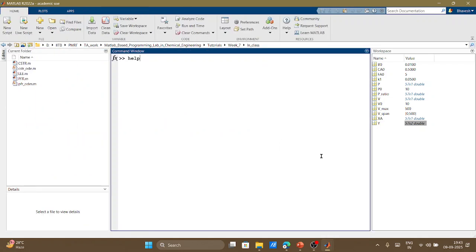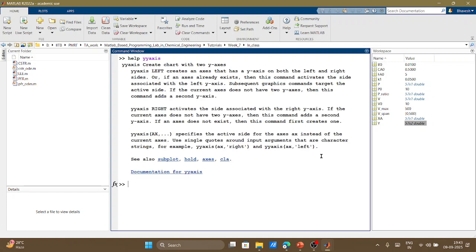If I do help yyaxis, it creates charts with two y-axes. yyaxis left creates an axis that has a y-axis on both the left and right, or if an axis already exists, then this command activates the side associated with the left y-axis, right?